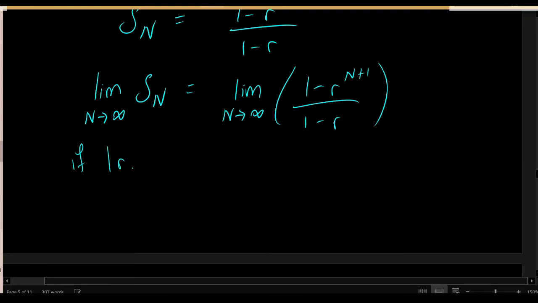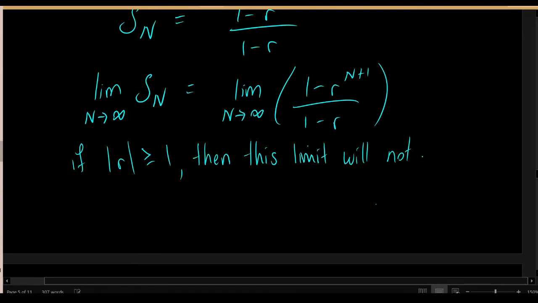If r in magnitude is greater than or equal to 1, then this limit will not exist.